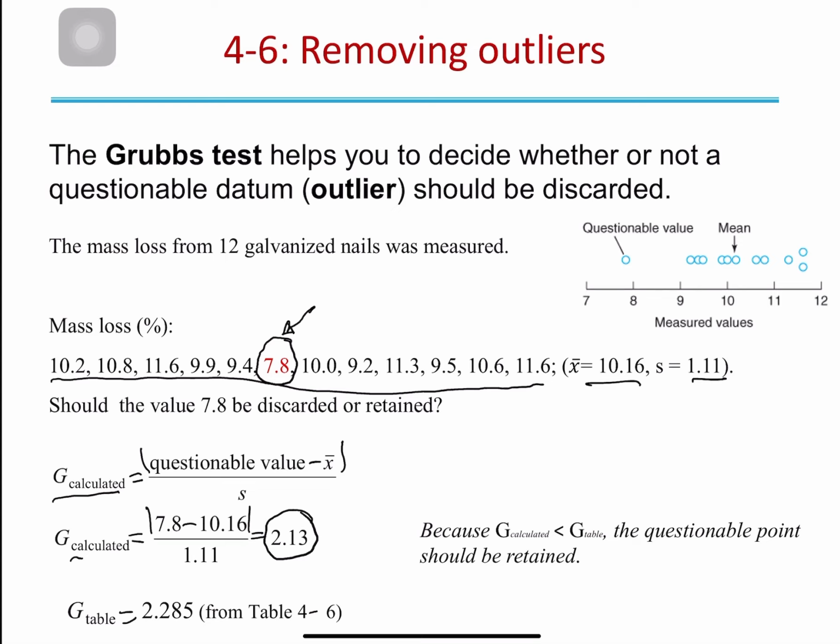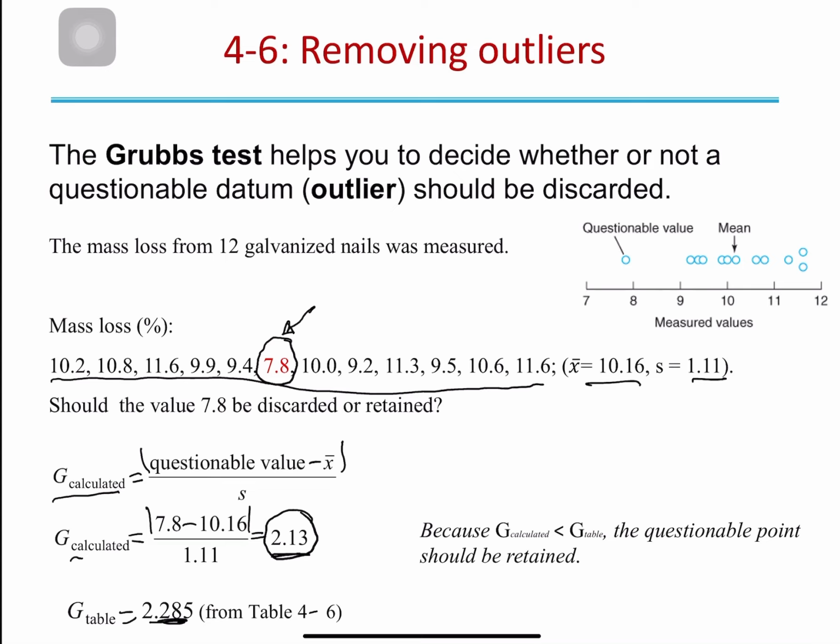The G from the table was 2.28 and the one calculated is 2.13. So the calculated one is smaller than the G from the table. That means I can retain this value. The difference here is due to random error, not systematic error, so I can retain it.